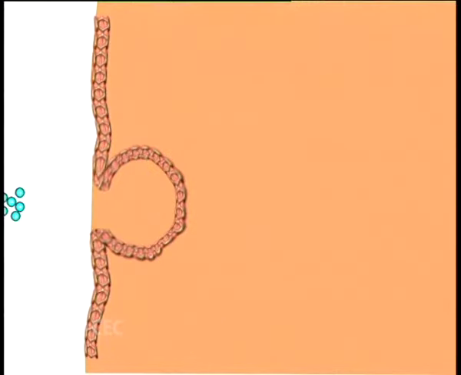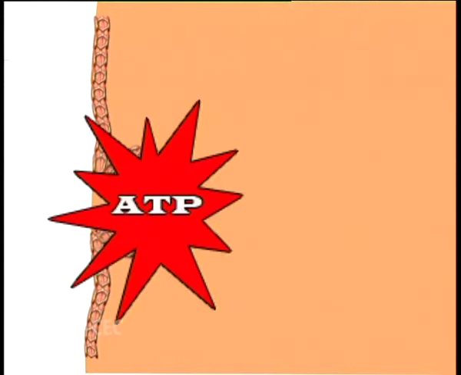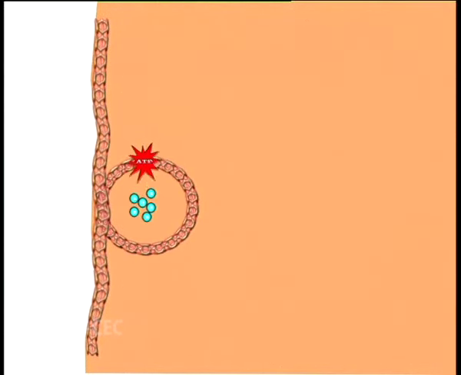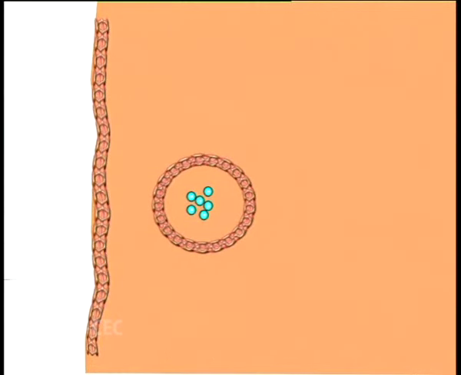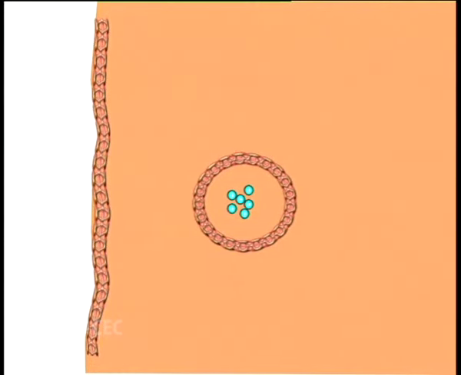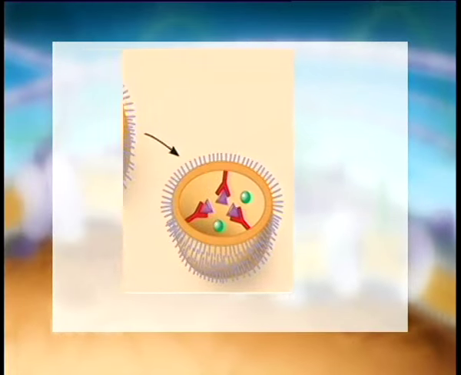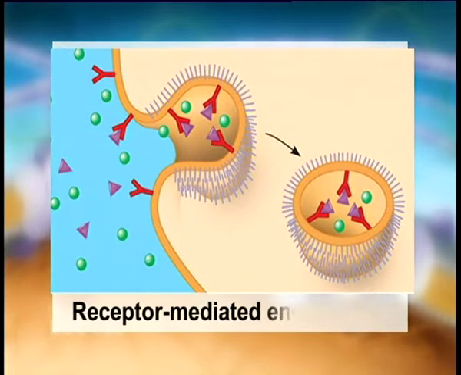In pinocytosis, the cell gulps droplets of extracellular fluid into tiny vesicles. In receptor-mediated endocytosis, specific receptors embedded in the membrane bind to the ligands.